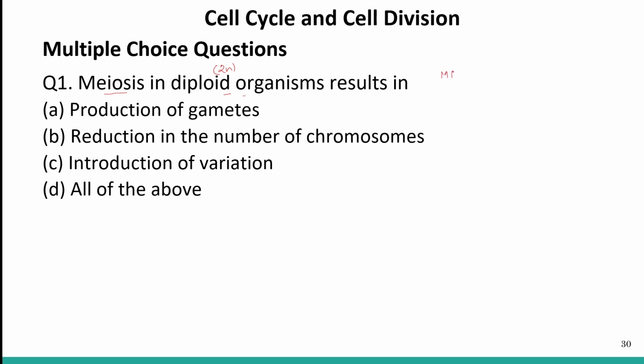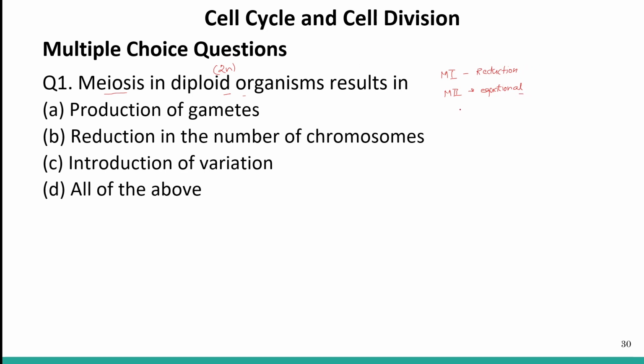Meiosis is divided into meiosis 1 and meiosis 2. In meiosis 1, reduction of chromosome takes place. That's why it is known as reductional division. Here, homologous chromosomes separate. Whereas in meiosis 2, it is known as the equational division, because here sister chromatids separate.